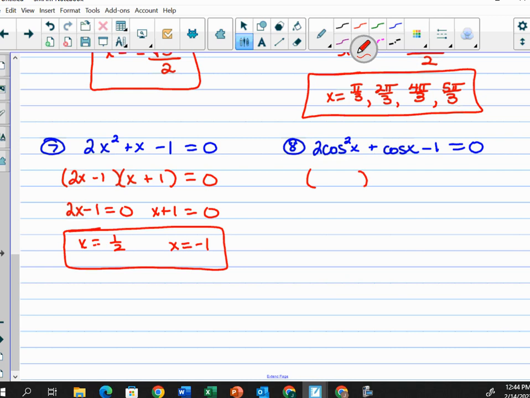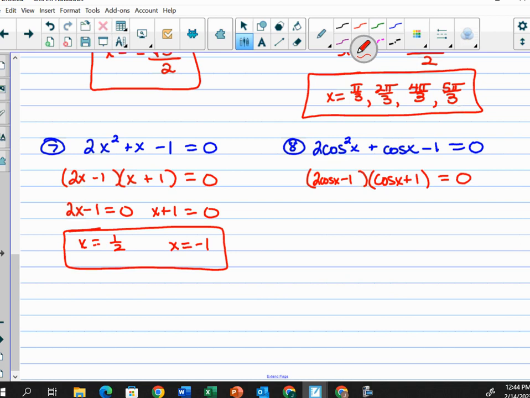All right, we got a factor. We factored it just algebraically over on the left. Henry, phone. I shouldn't have to ask this many times. 2 cosine x minus 1 and cosine x plus 1.